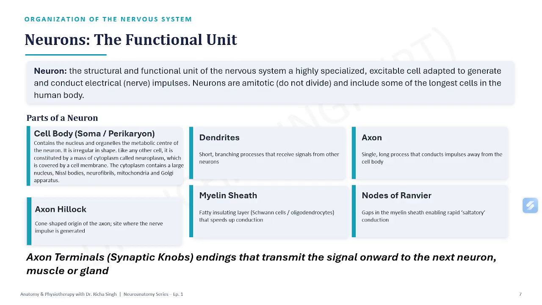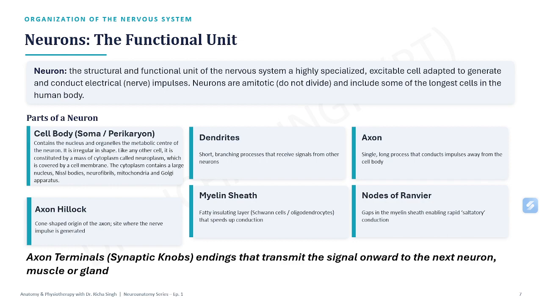The cytoplasm also contains a large nucleus, Nissl bodies, neurofibrils, mitochondria, and a Golgi apparatus like other cells. Dendrites are short branching processes whose main work is to receive the impulses. The axon has the work of conducting those impulses away from the cell body.